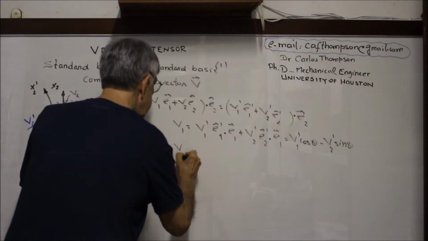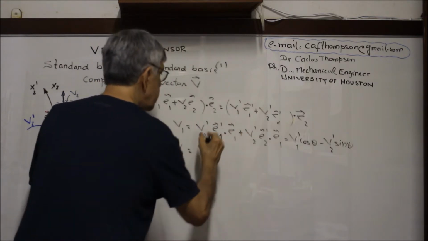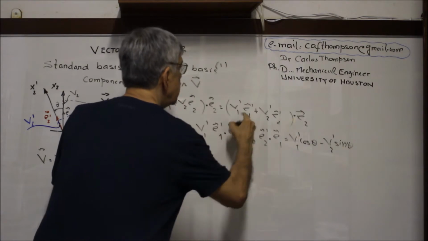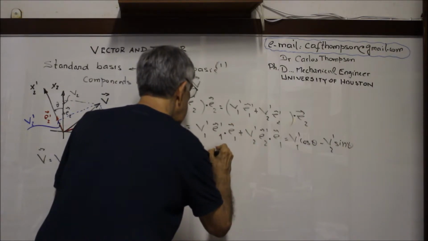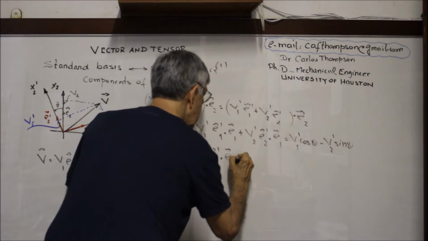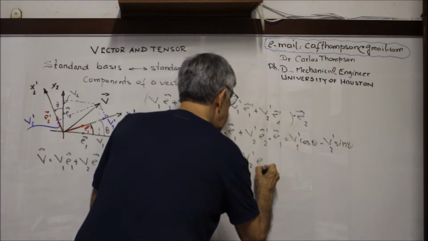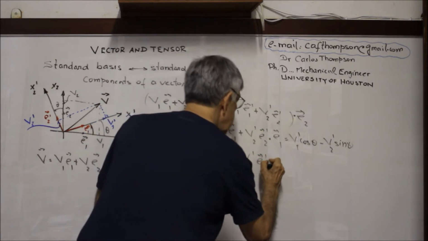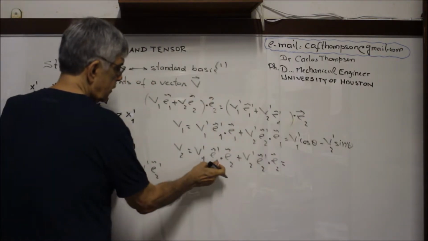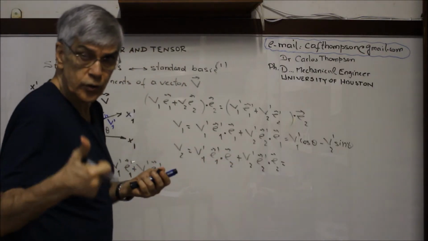So then I write down V2 is equal to V1 prime E1 prime dot E2 plus V2 prime E2 prime dot E2. Now, you see, the magnitude of each of these units obviously is 1.